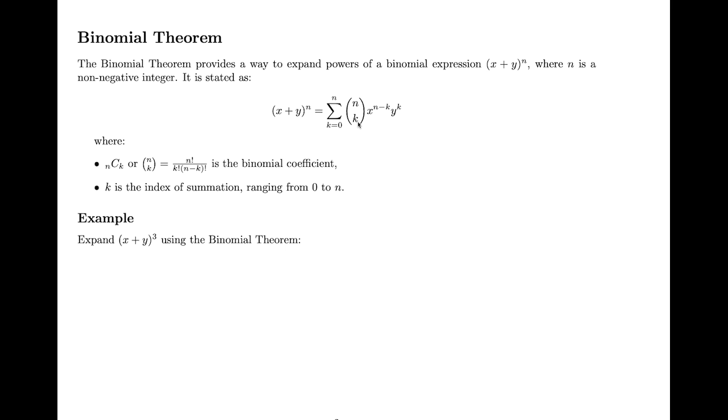We have n choose k, this is the combination of how many of the second term we're going to be selecting, and this is the first part with the remaining exponent, and then if we are choosing a certain number of y's, then we have k as that number on the exponent of the second part. So I'm calling x the first part and y the second part.